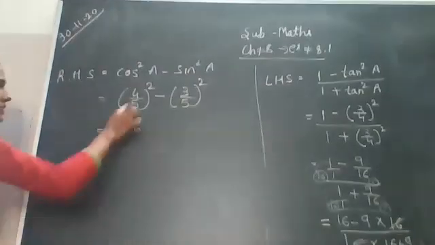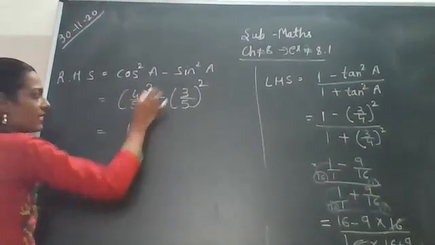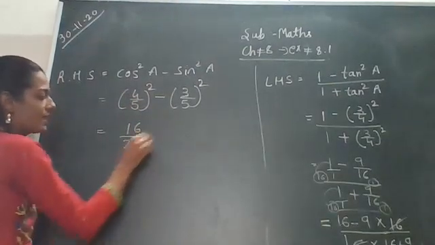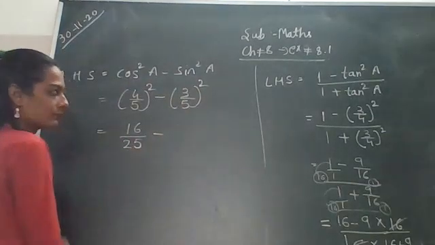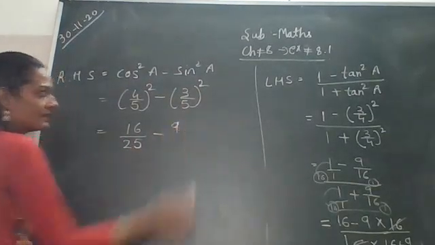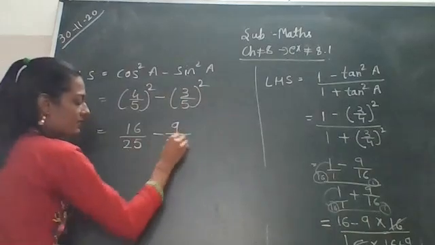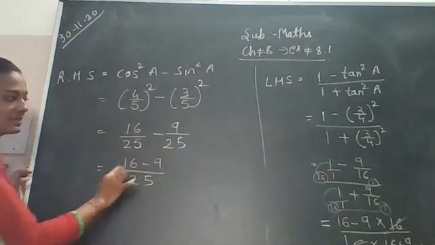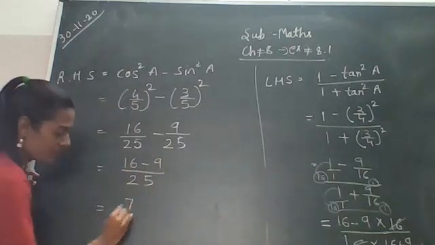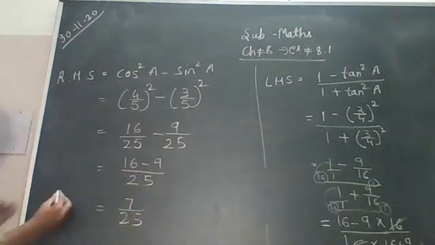Okay. 4 square is equal to 16 and 5 square is equal to 25. 3 square is equal to 9, and 5 square is equal to 25. So 25 will be the LCM. So directly we can go 16 minus 9, and 16 minus 9 is equal to what? 7 upon 25.